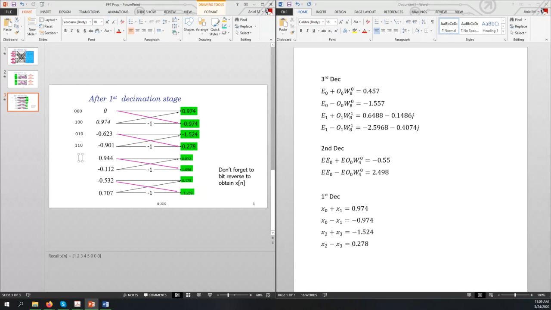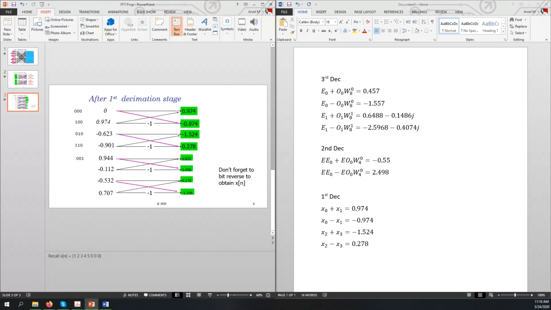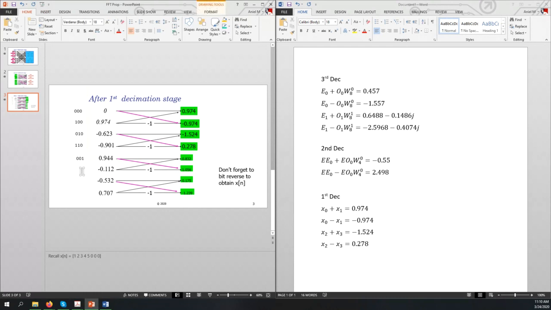So this one here will be position 4, so it'll be 1, 0, 0. But because we bit reverse, this is now 0, 0, 1. This one here will be position 5, so this will mean 1, 0, 1. Bit reversal doesn't affect this, so this remains the same.